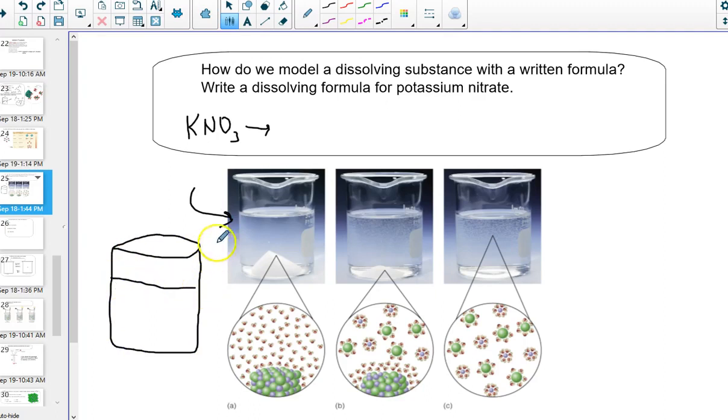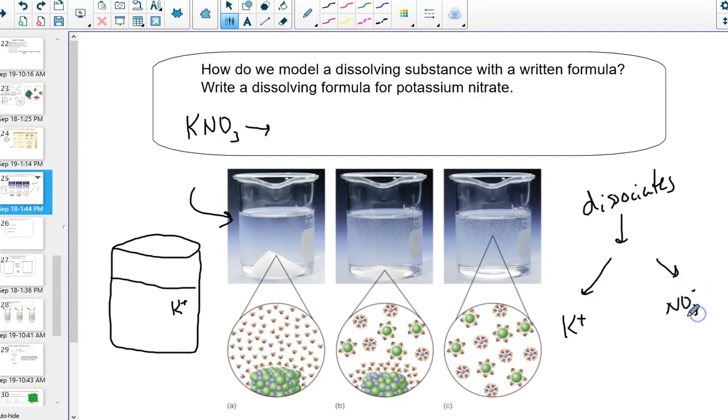What happens to an ionic compound is it dissociates. That's real important, that the ionic compound dissociates as it dissolves. So it breaks apart as it dissolves into potassium ions floating around and nitrate ions.